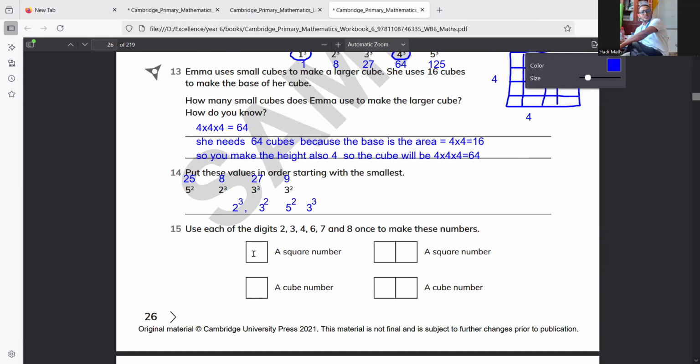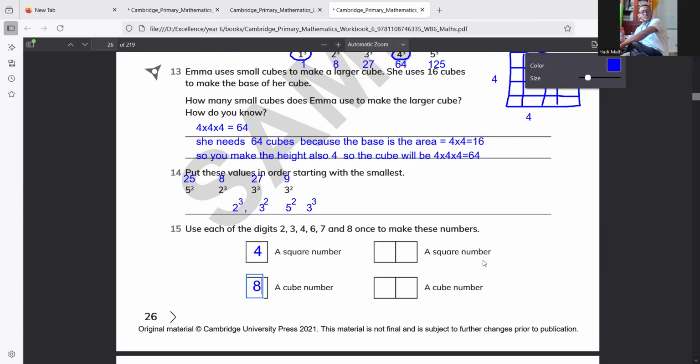For 1 digit square numbers, between these digits we have only the 4. And for 1 digit cube numbers, only the 8. Then let's see the rest of the numbers. We are left with 2, 3, 6, and 7.